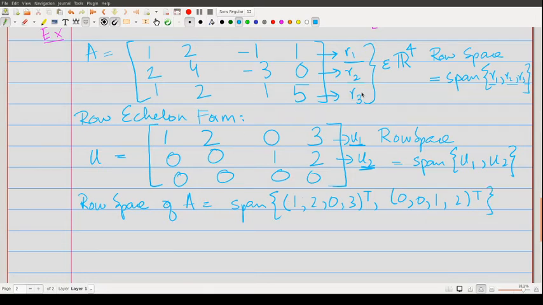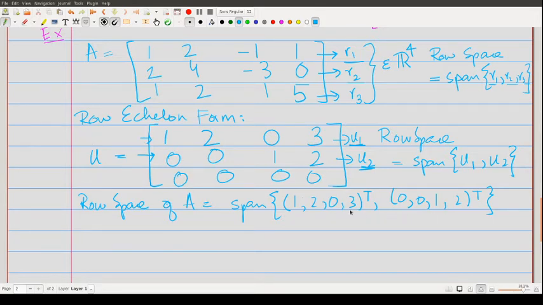Since it's spanned by these and both of these are linearly independent, notice that when you convert it into row echelon form, the remaining vectors are bound to be linearly independent. If a row were linearly dependent on the first one or the second one or both, it would have become 0. After you convert it into row echelon form, there is no linearly dependent row.